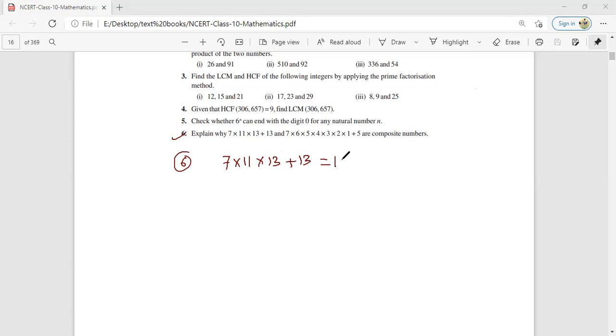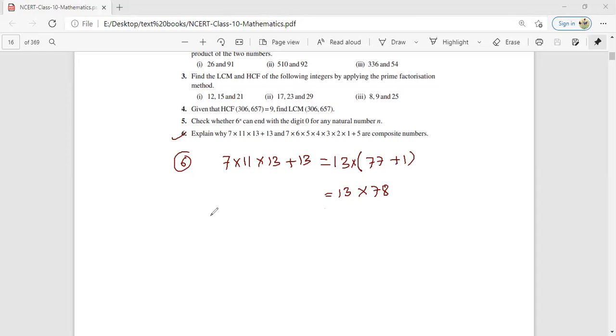So we will try to write it. We can take the common term, 13 is common. When you take out 13 common, what will be left inside? 7 into 11, 77, plus 1. So it will become 13 into 78. Correct?